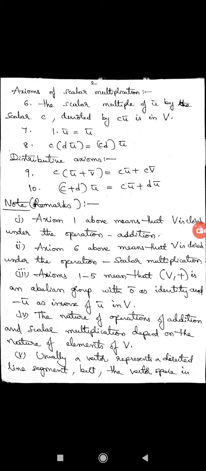And the second point says that axiom 6 above in the definition of vector space means that V is closed under the operation scalar multiplication.